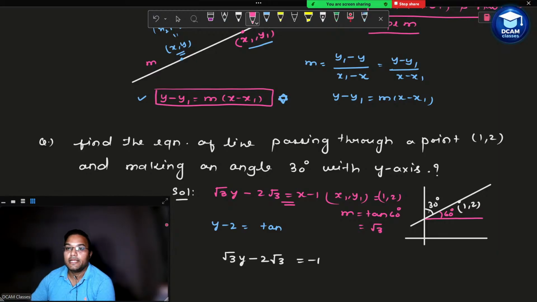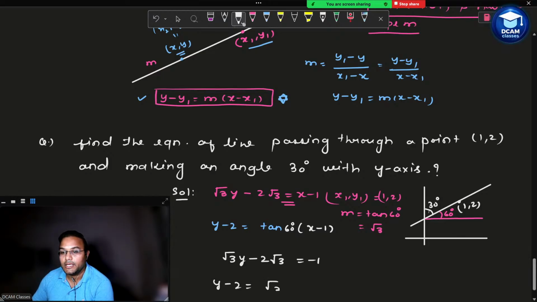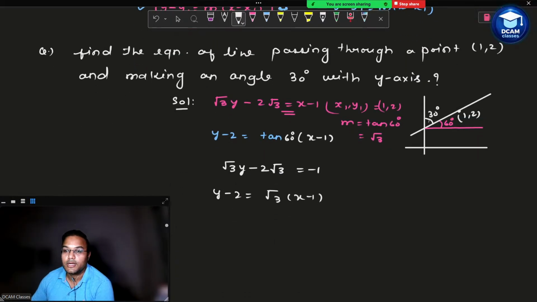So I'll write the equation: y minus 2 is equal to tan 60 into x minus x1. So it will be y minus 2 is equal to root 3 into x minus 1. So your answer should be y minus 2 is equal to root 3x minus root 3.